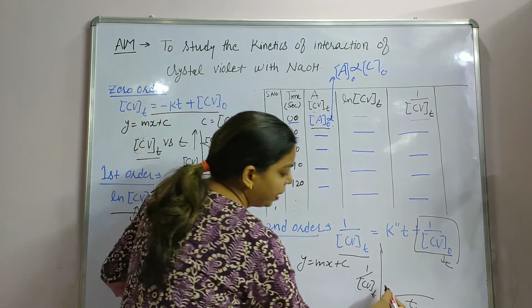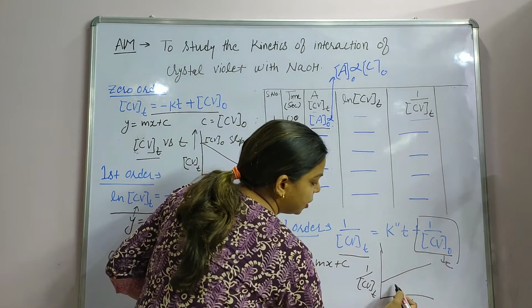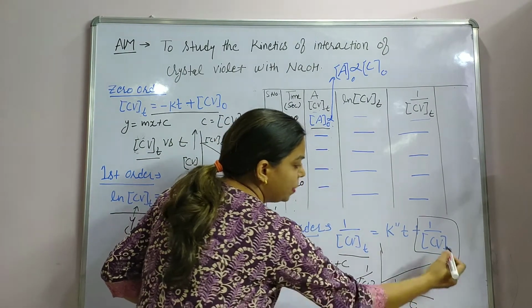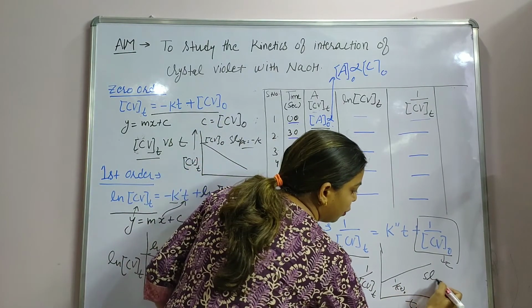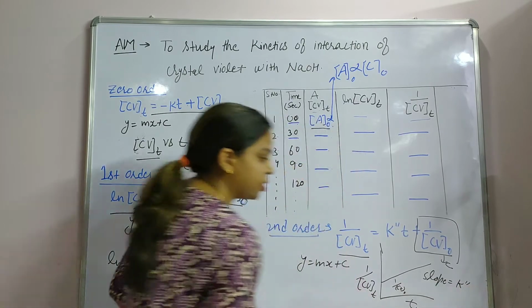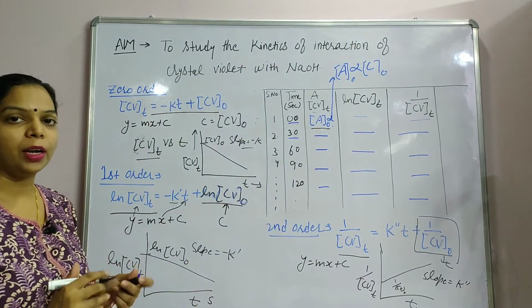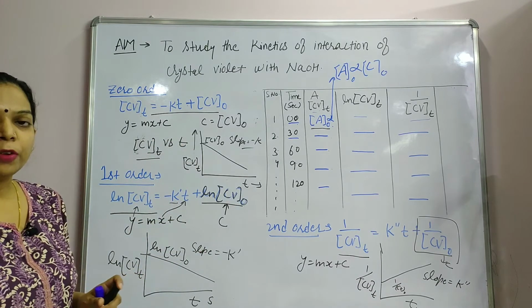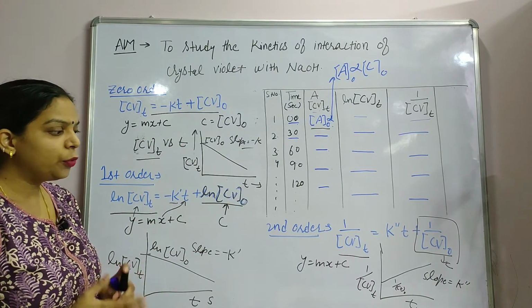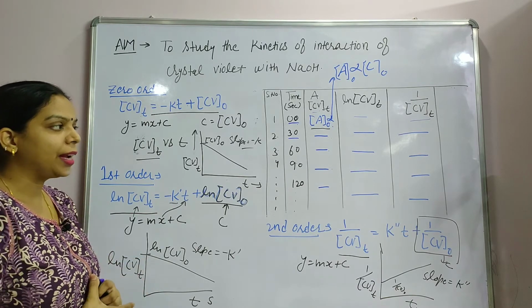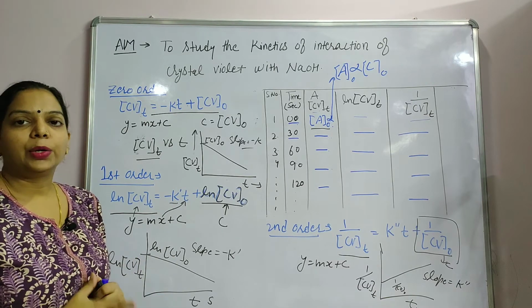You will get intercept equal to 1 by CV naught, and slope is positive in this case, and if you find out the slope, that will be k double dash. So this way, out of these three, whichever curve you are getting, you can say this is the order of that particular reaction of crystal violet and NaOH.